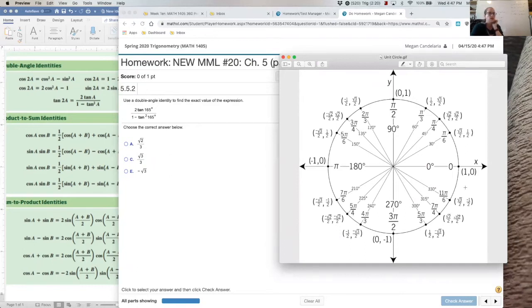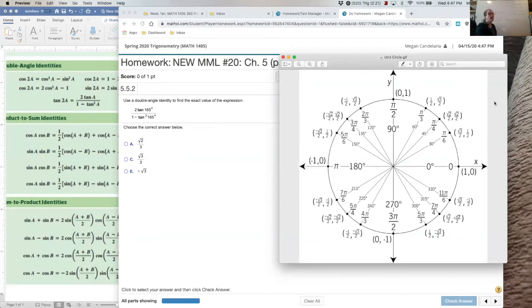Here's 330. Now remember that tangent is y divided by x. So tangent of 330 is going to be negative 1/2 divided by square root of 3 over 2.